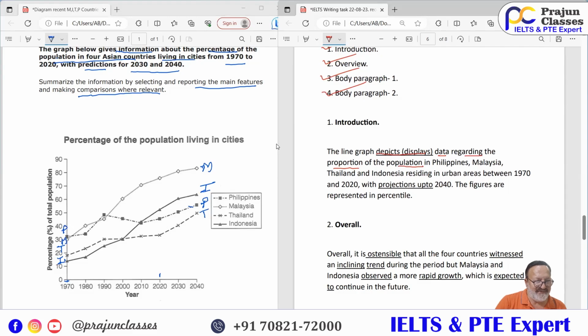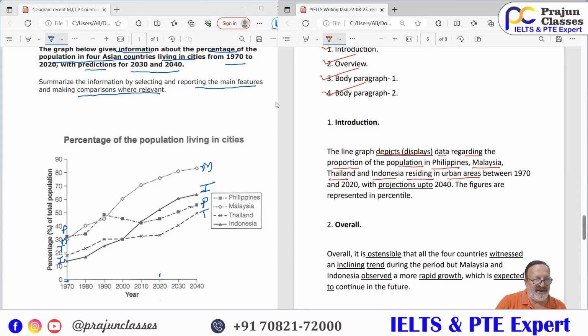Here we have mentioned the names of the countries, which is good: Philippines, Malaysia, Thailand and Indonesia. And they are saying living in, so for that we have said residing in. And they have said cities, so we say in urban areas.